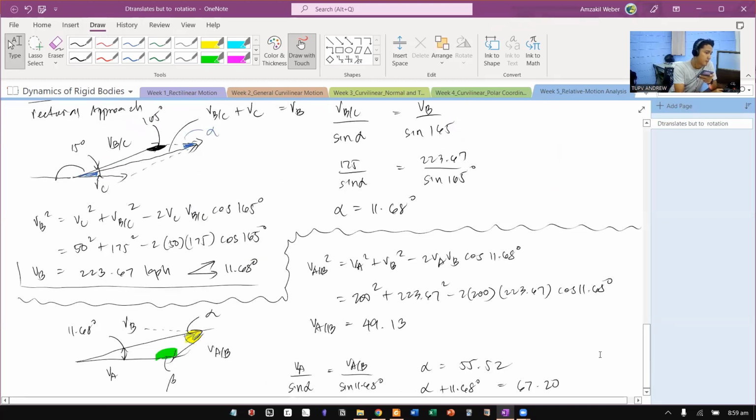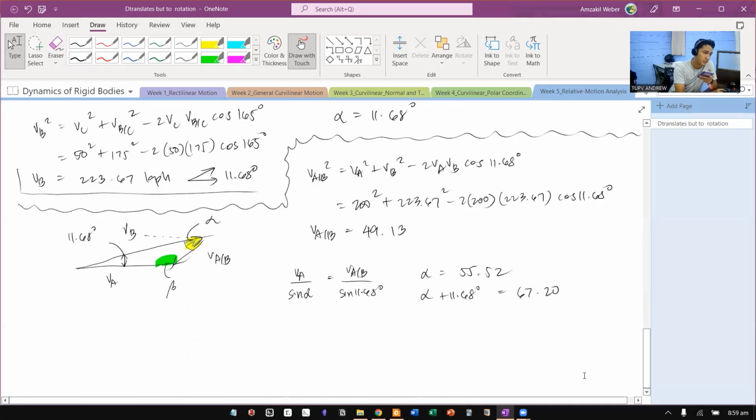Okay? So what about the green part? The green part is obtuse, right? The advantage of an obtuse angle is that once you get it, you just subtract it from 180 degrees.